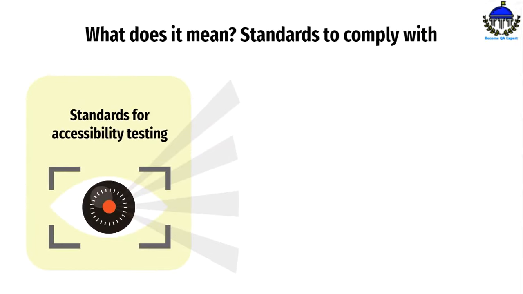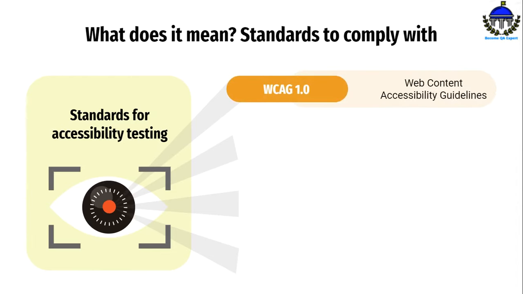What does that mean? What are some standards that accessibility testing should comply with? Whether the testing is automated or manual, it is important to check for compliance with specific accessibility testing guidelines.